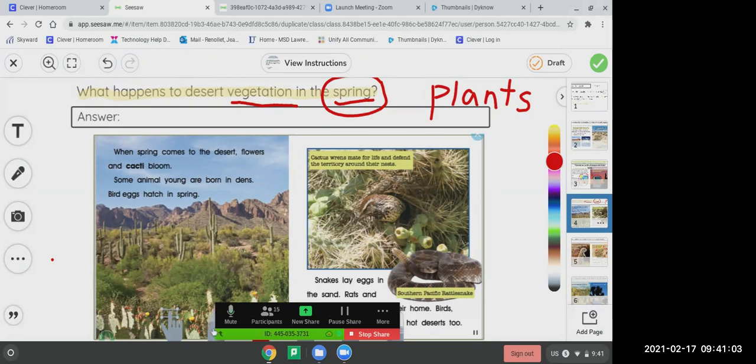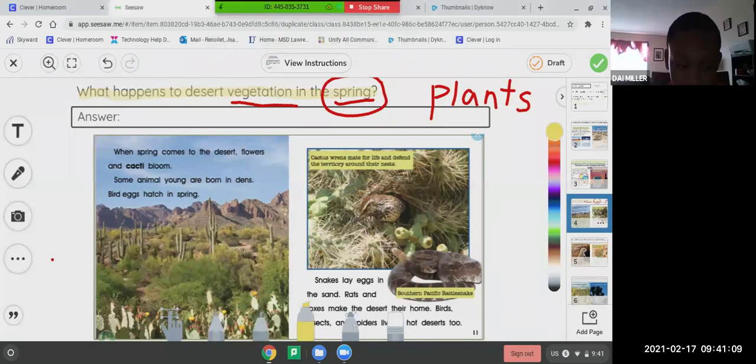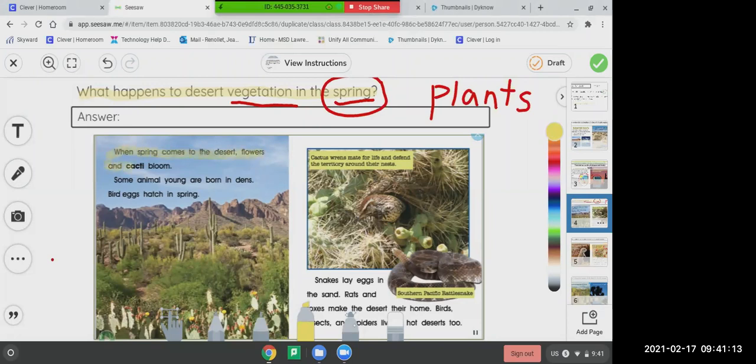Wow, so Day is using his text evidence. He's reading the text again. And we can highlight our evidence just like this. When spring comes to the desert, there's that key word. I'm so glad Day was looking for these key words. When spring comes to the desert, flowers and cacti bloom.